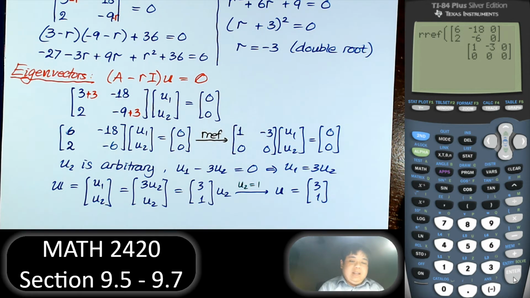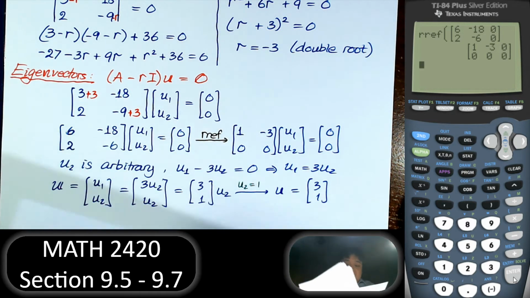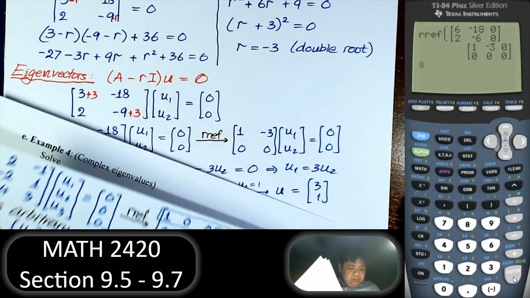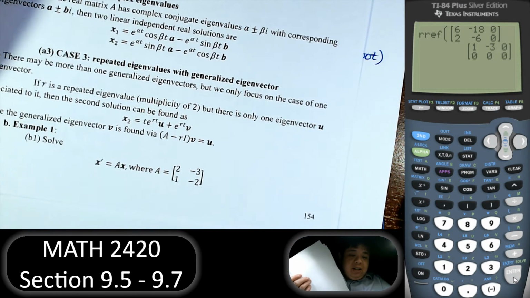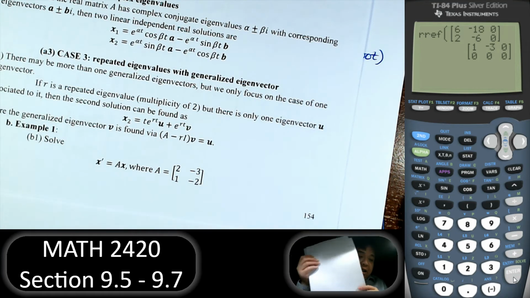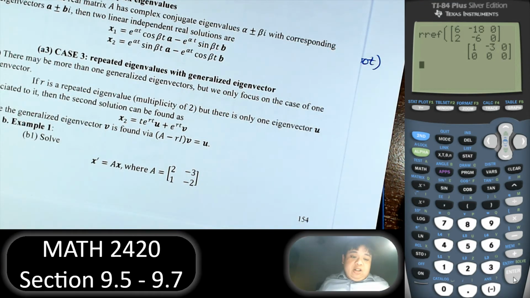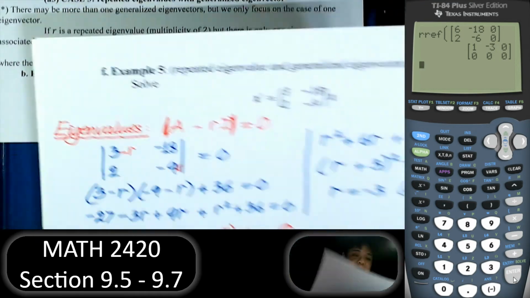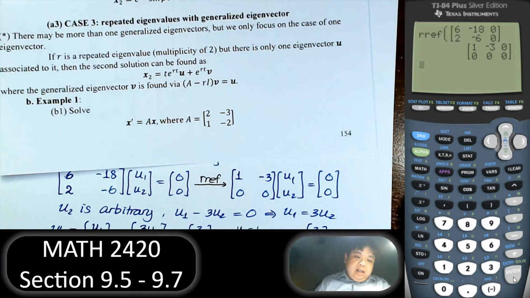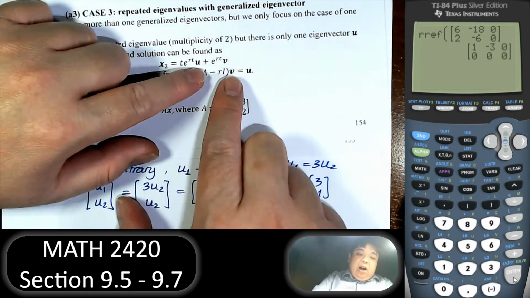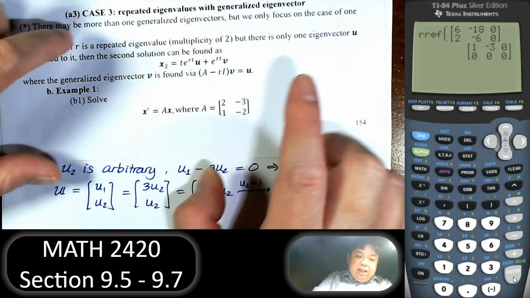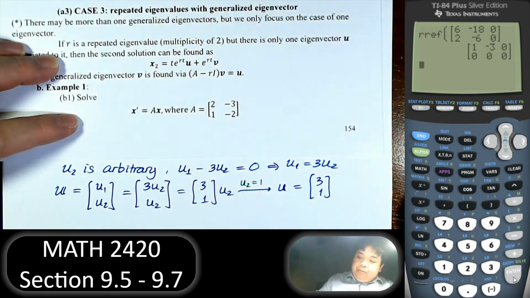Now what? We have one eigenvalue, which is okay, but we have one eigenvector. That is definitely not okay. So when we have a shortage of eigenvectors, then we have to find the generalized eigenvectors. In this case, this is what we're going to find. Find another eigenvector v in this form.